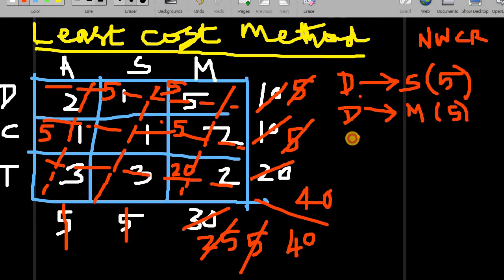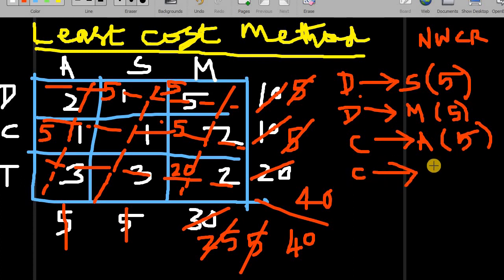From the second production center to the first destination, 5 can be transported. And from the second resource center to the last destination, I mean M, we can transport 5 units.